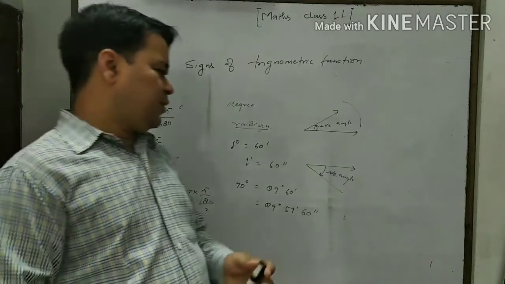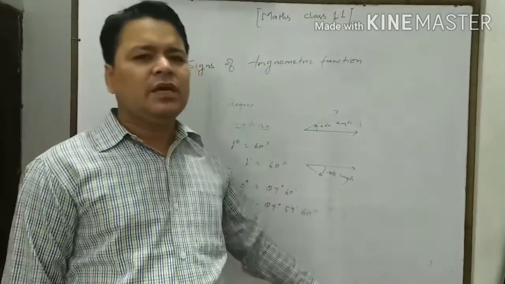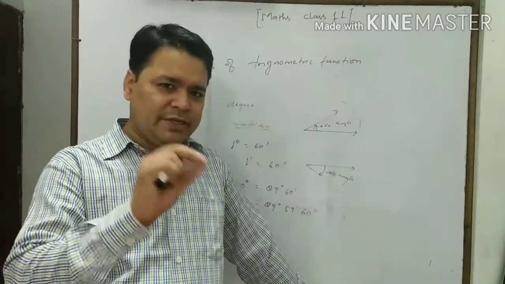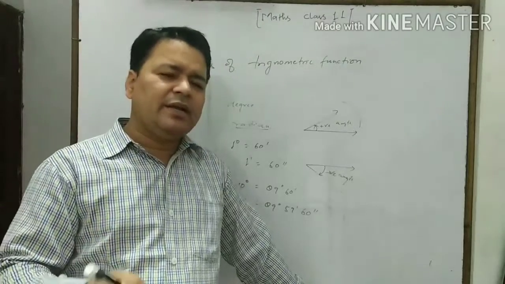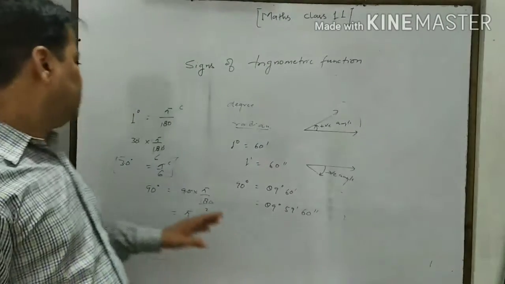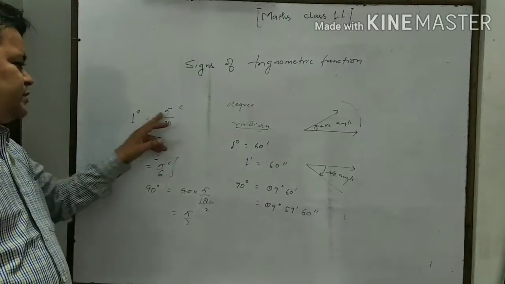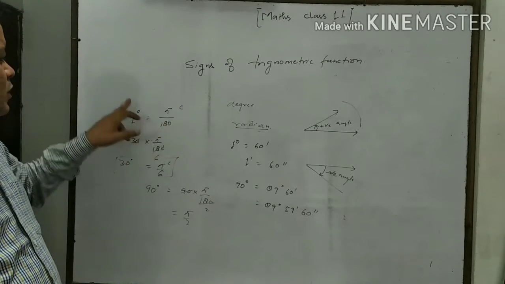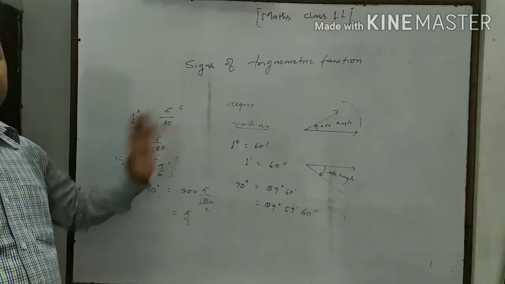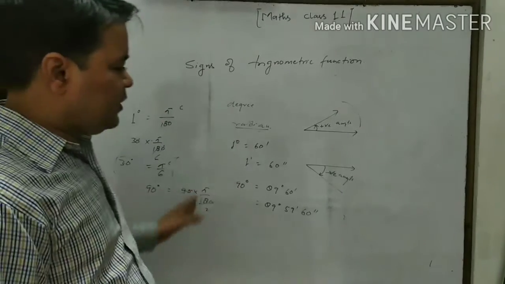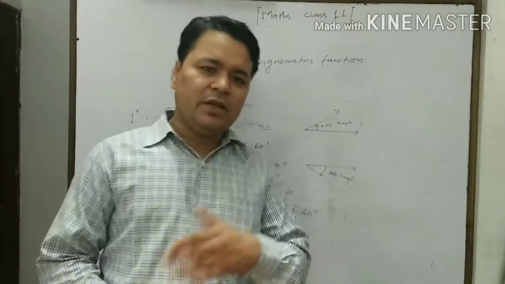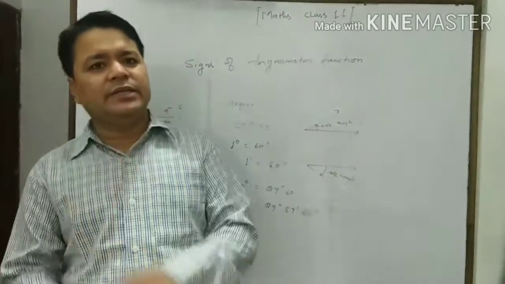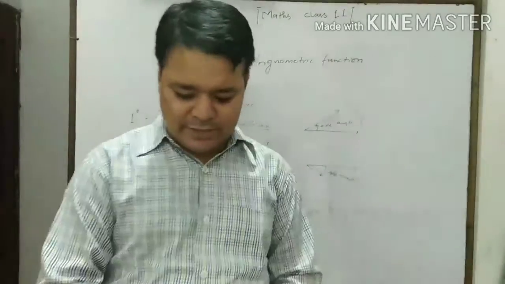In this way we can change the measurement in degree into radian and radian into degree. Just like here, 1 degree is equal to pi by 180 radian, then 1 radian is equal to 180 upon pi degree. Like this way we can interchange from radian to degree and degree measurement to radian measurement.